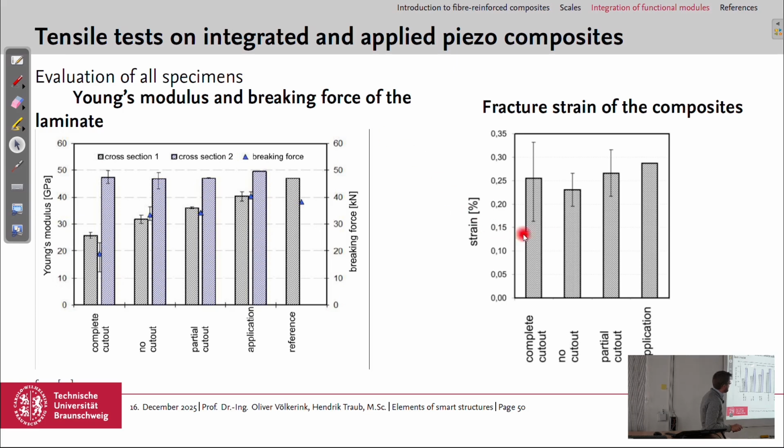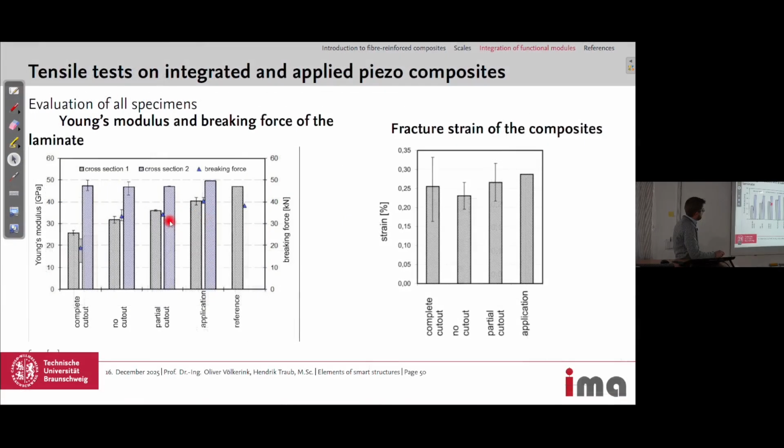And here are also the breaking forces, or the fracture forces, indicated, which are also the highest for the partial cutout, but comparable to the specimen without any cutout at all. And for completeness also the failure strain.